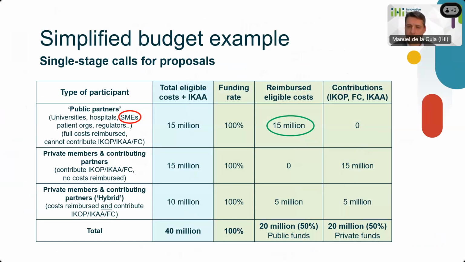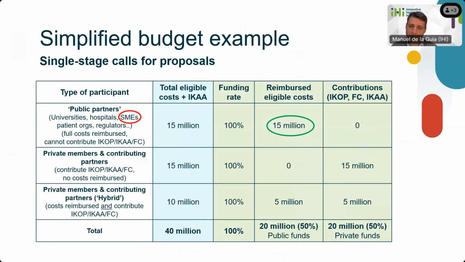On the second row, we would have the private members and contributing partners that are not requesting anything from IHI, any public funds, but they are contributing with another 15 million. So that's kind of setting an equilibrium, 15 on one side, 15 on the other one. But we can also have some hybrid members, and that could be private members and contributing partners that are having a total cost of 10 million, and they may be requesting 5, but also providing 5.